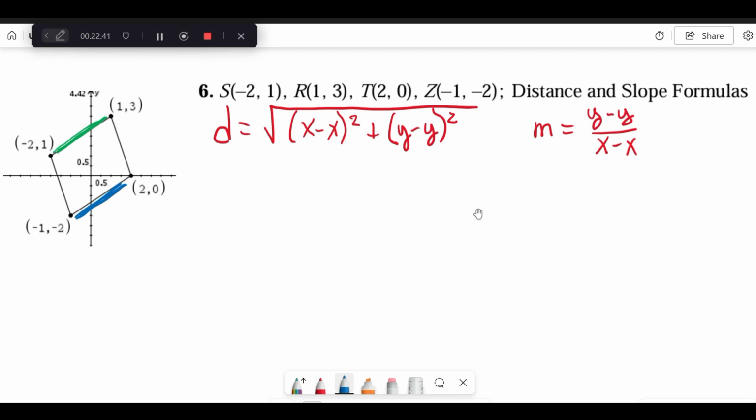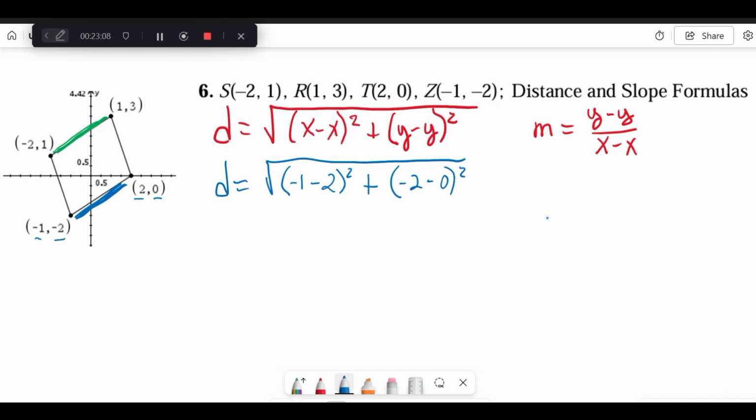So I'm going to calculate this in blue, the distance between, square root sign, -1 minus 2 squared plus -2 minus 0 squared. Okay, and I'm just taking -1 and 2, my x is here, -2 and 0, my y is there.